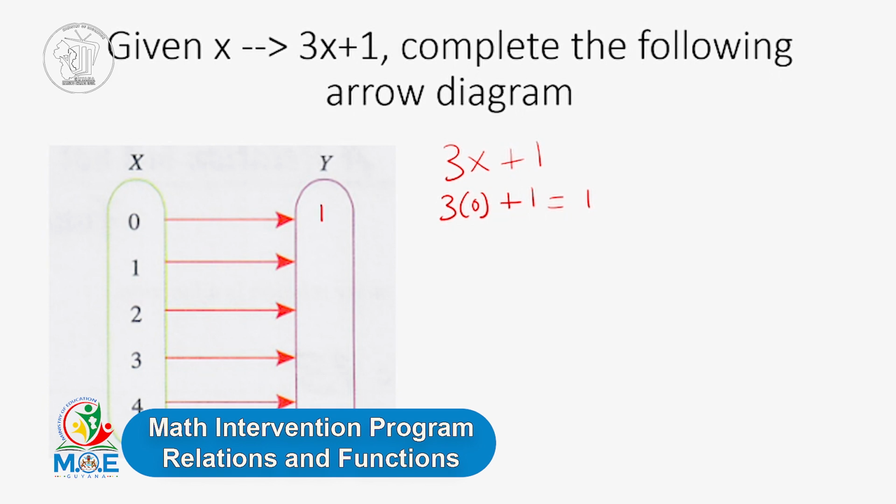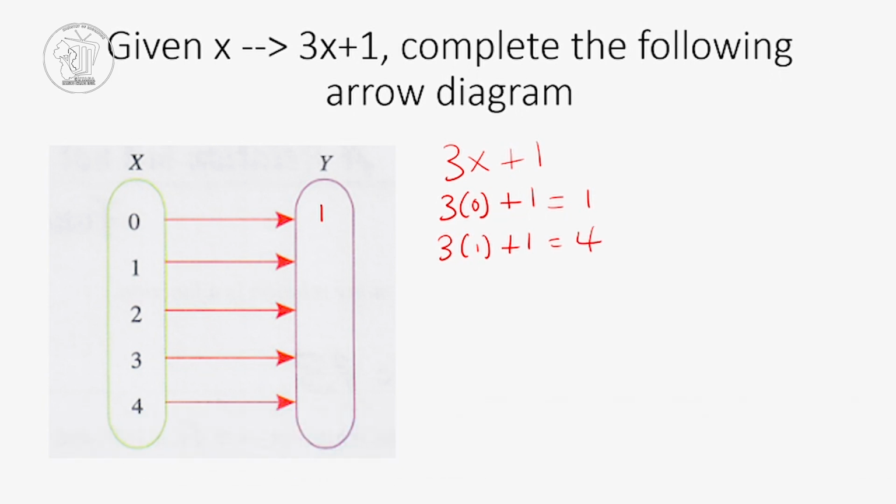Then we have the next element in the domain, which is 1. This is 3 multiplied by 1 plus 1, is equal to 3 times 1 is 3, plus 1 would be 4. So the element here would be 4 in the codomain. The next one, we have 2.